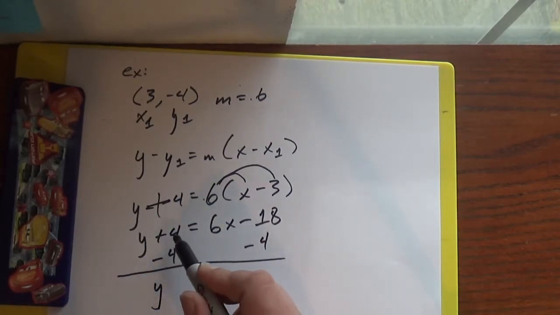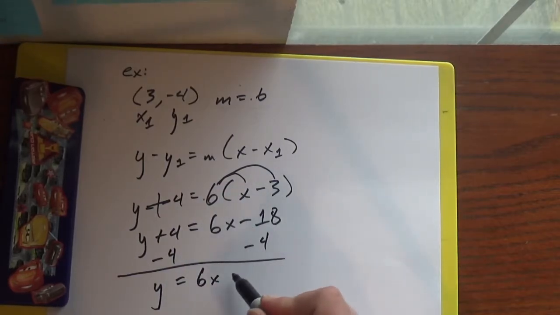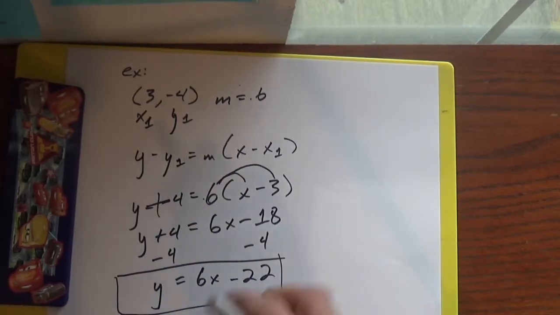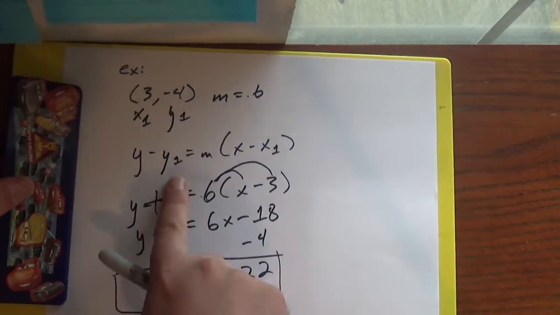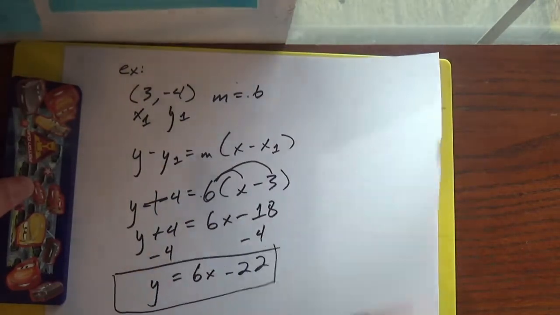So y comes down, these are gone, my equals comes down, my 6x comes down, and negative 22. So now we have it in slope-intercept form. So we know our y-intercept, we know our slope, it's easier to graph, it's less ugly than all that junk. So you're going to do the same steps.